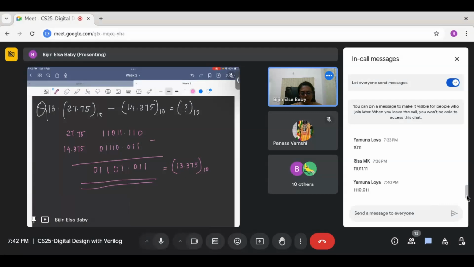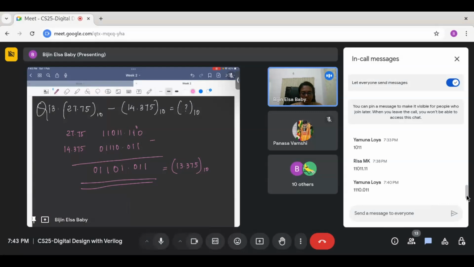All of you got this answer? Here 0 minus 1, 1, borrow bit.